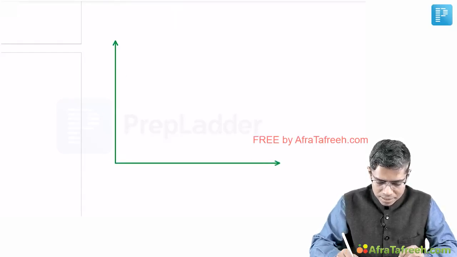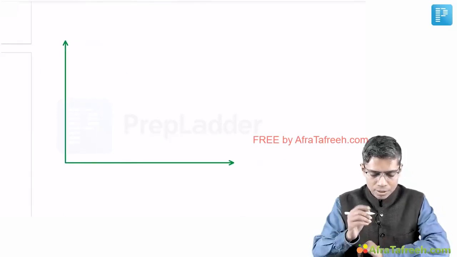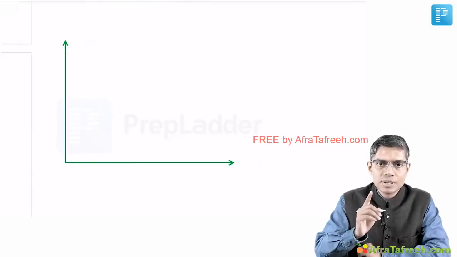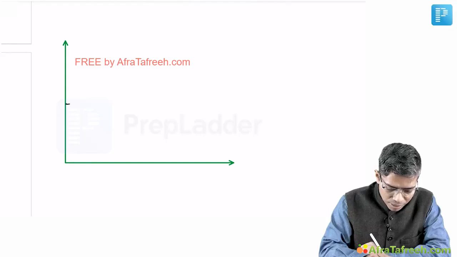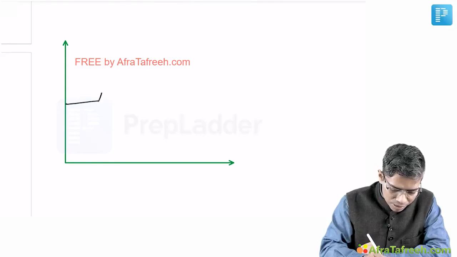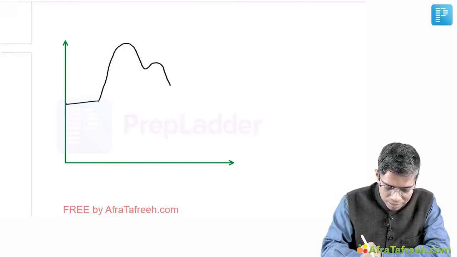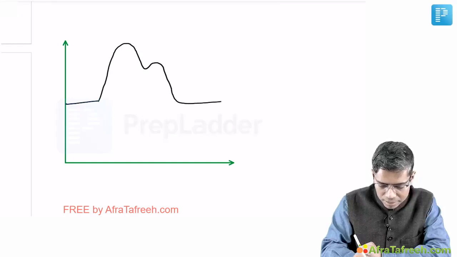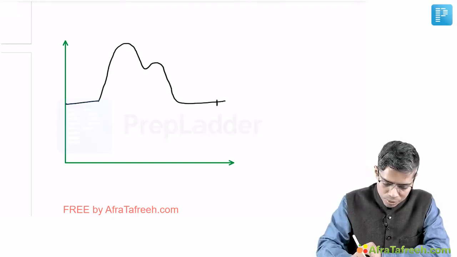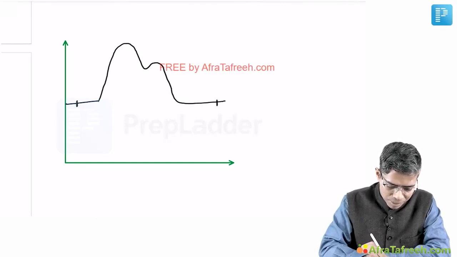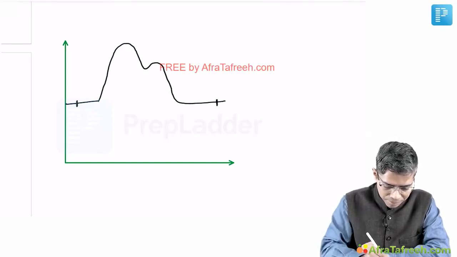This was the x-axis and y-axis, and if you recall the aortic pressure curve, it was looking like this. Percussion wave, then tidal wave, then dicrotic notch, and then dicrotic wave, and then the diastolic blood pressure, right? So suppose this is one cardiac cycle, from here to here, right?